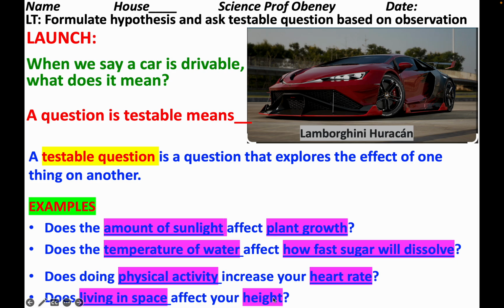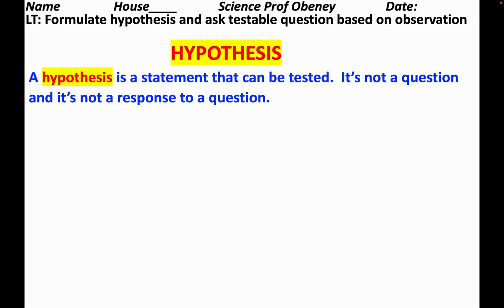All right? And as young scientists, when we ask testable questions and make our observation, which is the first step of the scientific process or method, we don't stop there. We continue. And the next step of the scientific method is making or formulating a hypothesis. A hypothesis is a statement that can be tested.